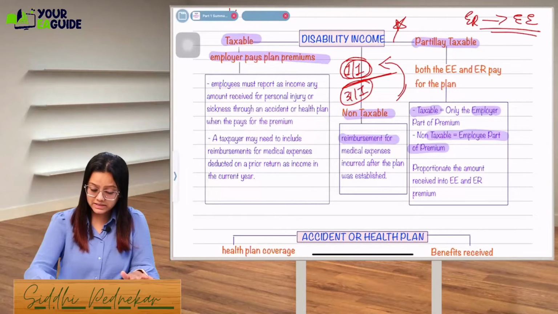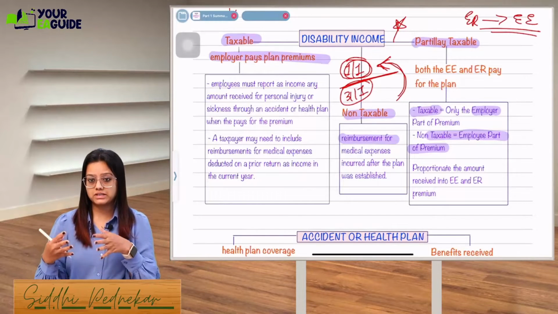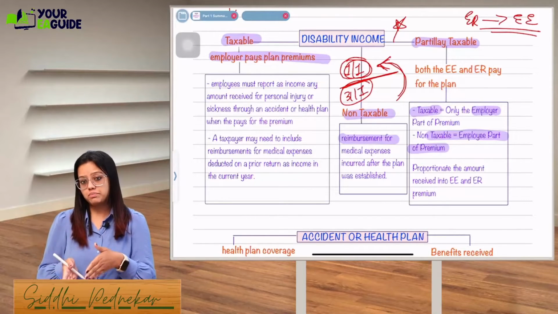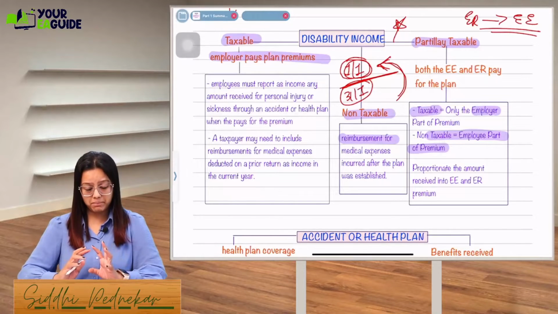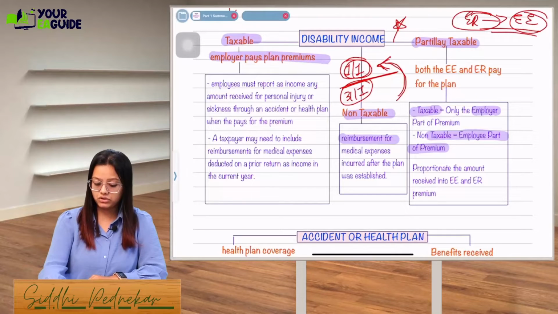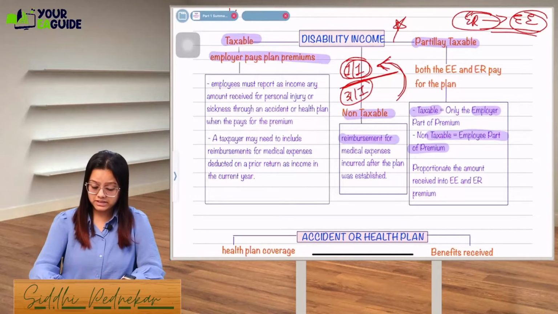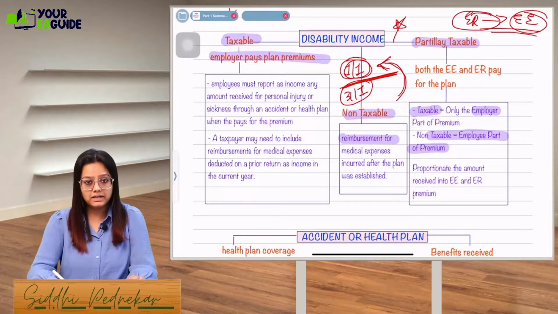So the reimbursement was done after the plan was established, but the expense I incurred was before the plan. This will not be taxable even though the employer is paying me. I know any employer benefit given to the employee is taxable, but since the payment is made after the establishment of the plan, it will not be taxable.